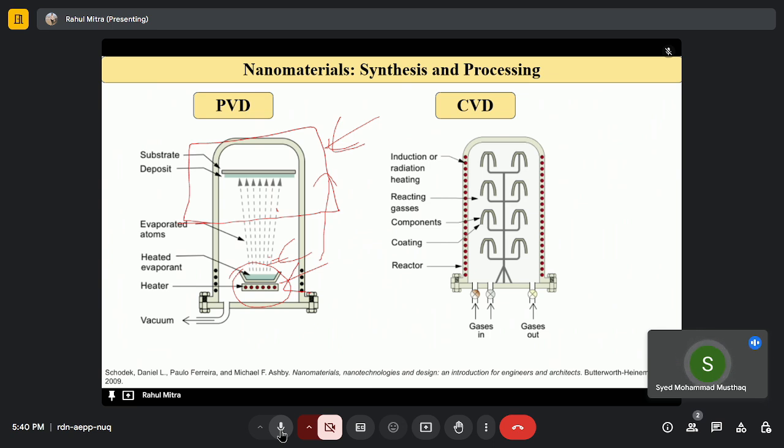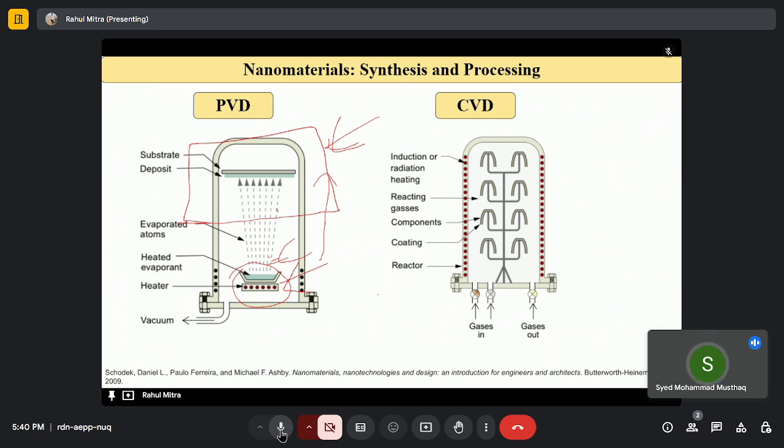Again, there are different types of heating. Like we have direct heating in vacuum that condenses on the cold substrate, and we even have physical vapor deposition ion plating, where the vapor is ionized and accelerated by an electric field. How do we accelerate? By the electric field.